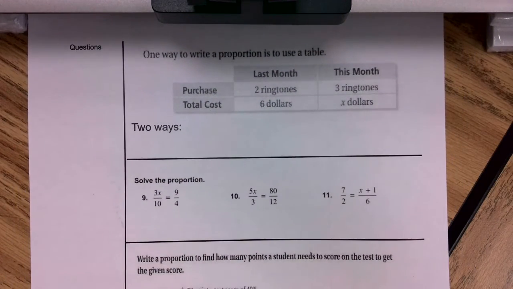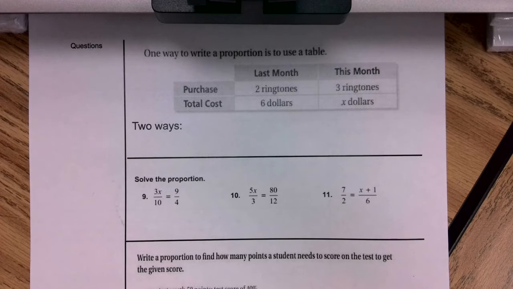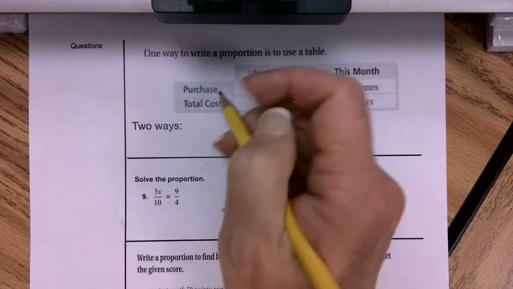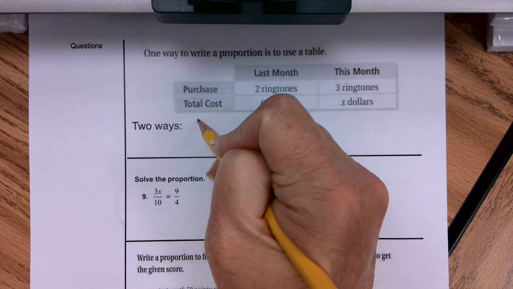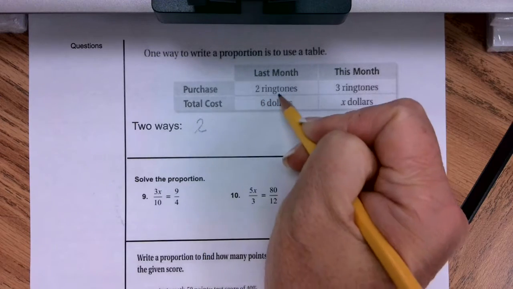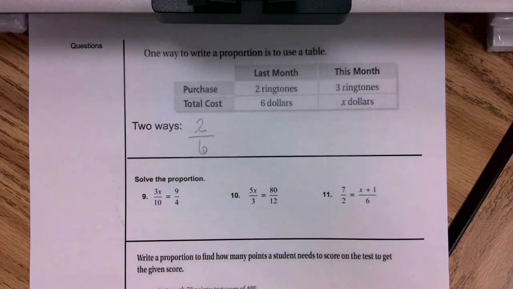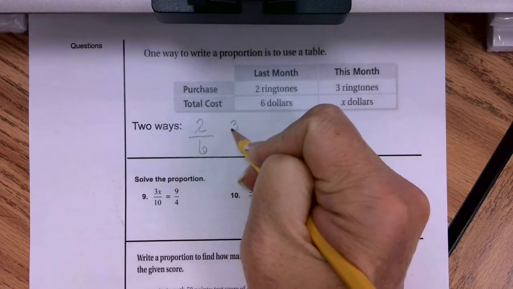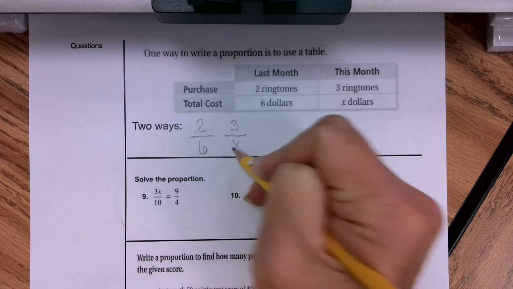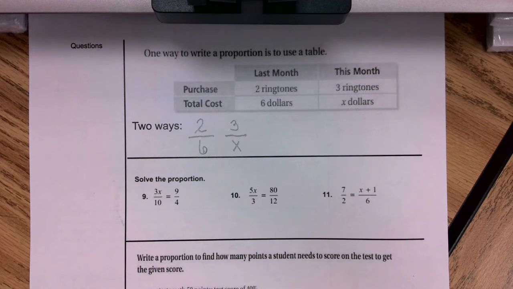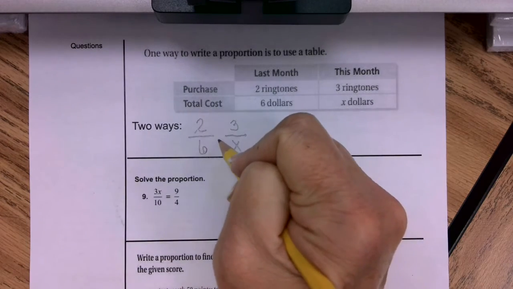Okay, then we've got 2 ringtones is equal to $6, and 3 ringtones is equal to X dollars. So you used to have to pay for ringtones on your phone. So you just set up a proportion where you have 2 ringtones is $6, and 3 ringtones is X. We cross multiply.